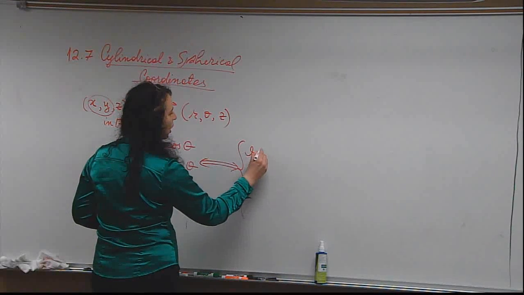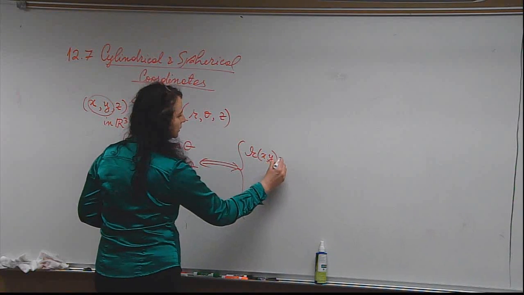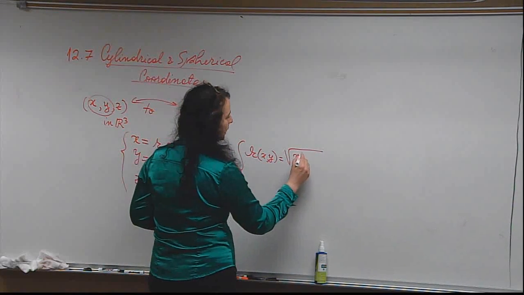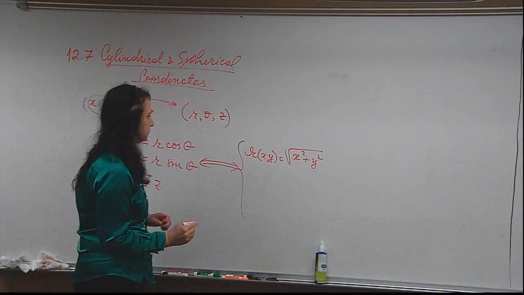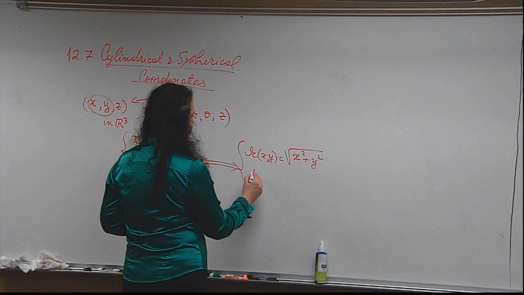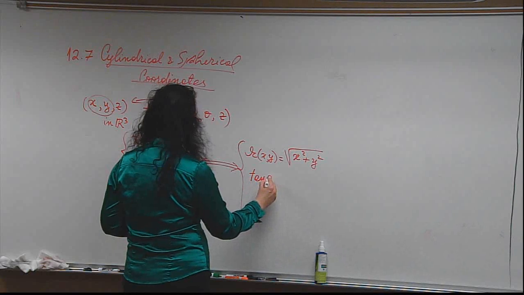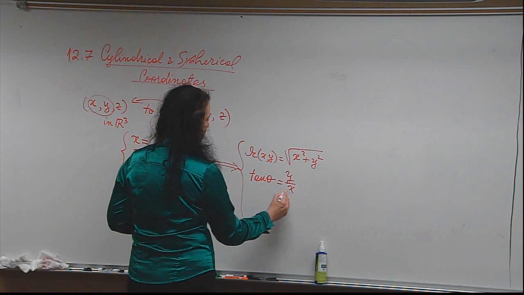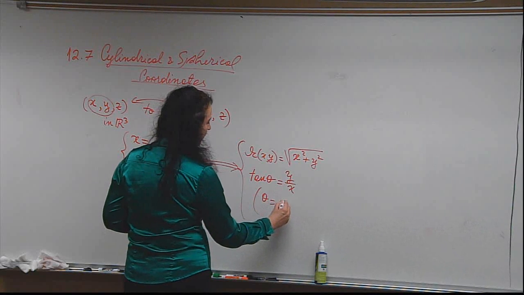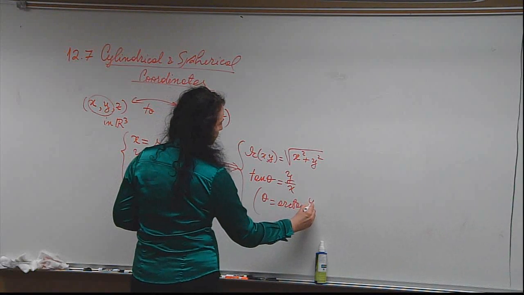So who's going to be r as a function of x, y? Square root of x squared plus y squared. And then if you look at tangent of theta, it is always y over x. So theta will be arctan of y over x.